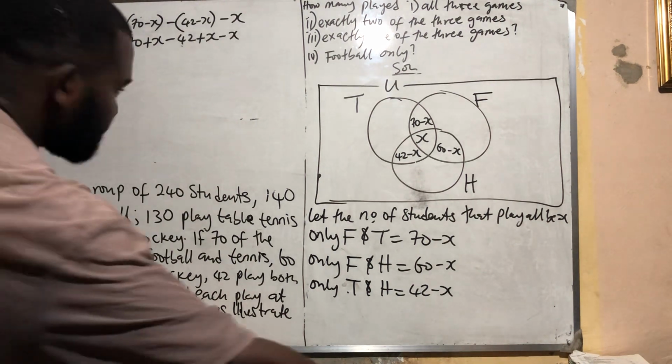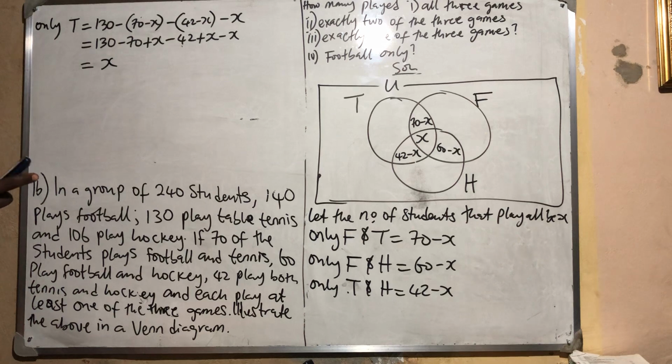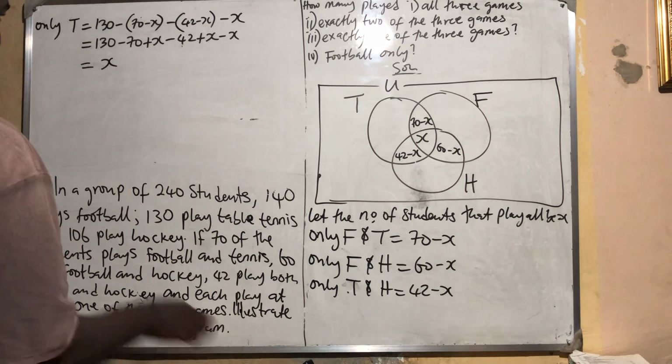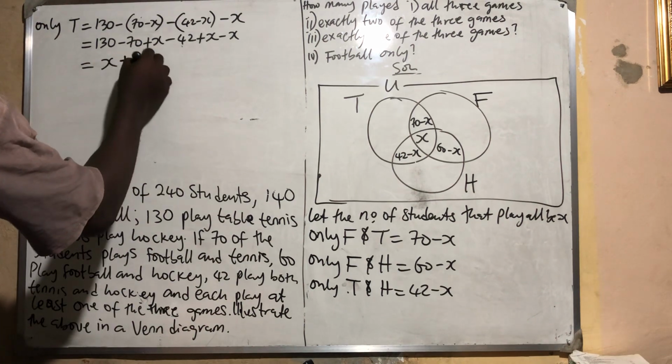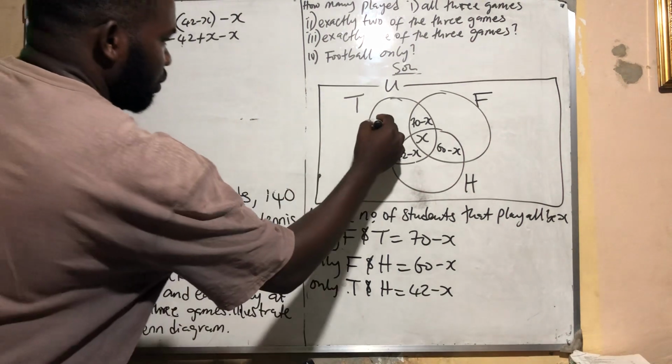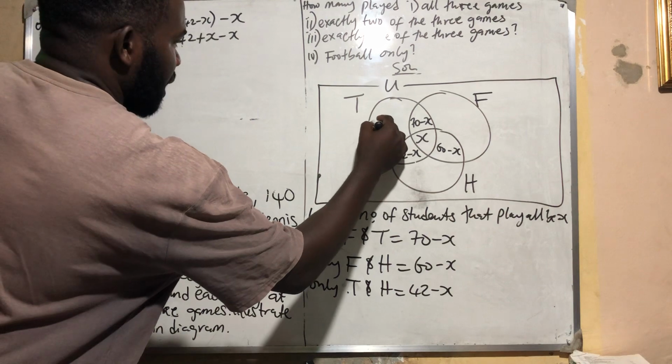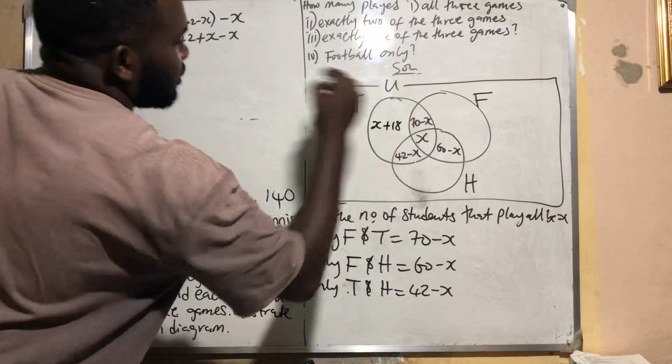Now the other side, I'll have 130 minus 70 minus 42. So I'm having 18. So this is plus 18. I will now tell them that only hockey, which is this place, is x plus 18.